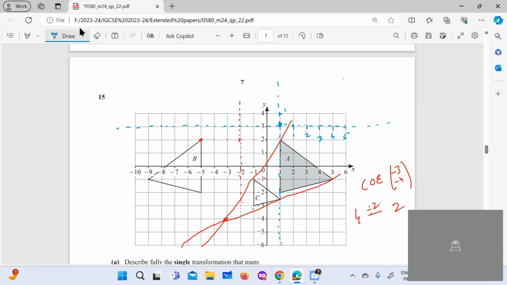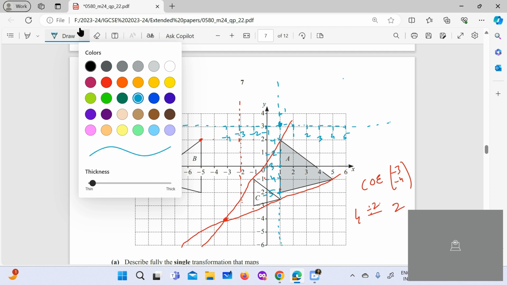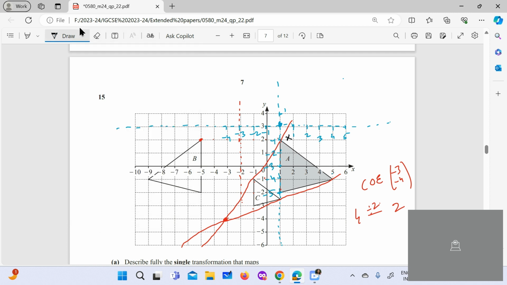Now here we have minus 1, minus 2, minus 3, minus 4, and here also we will have minus 1, minus 2, minus 3, minus 4, minus 5. Now let me mark these points as x, y and z. Now I will do all the work here with x, y and z.